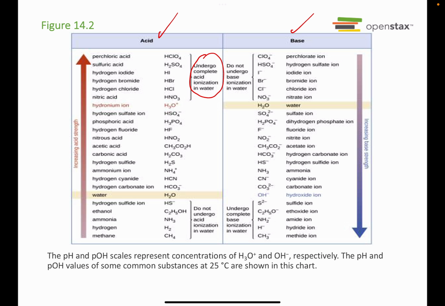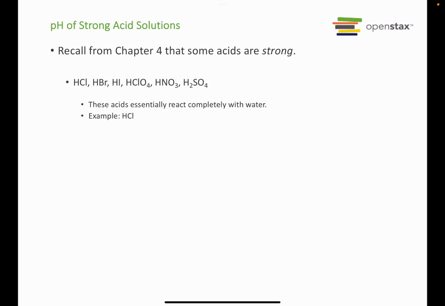And we also have some really weak acids. On the other side, of course, we have weak bases and strong bases as well. Some acids are strong, for example hydrochloric acid, hydrobromic acid, nitric acid, and so on and so forth.